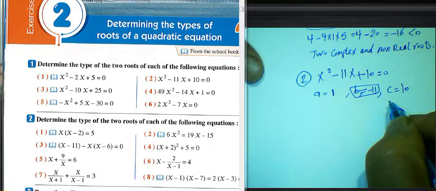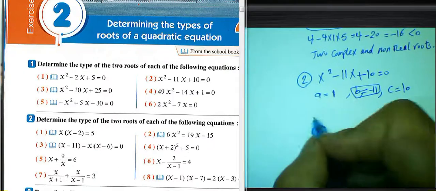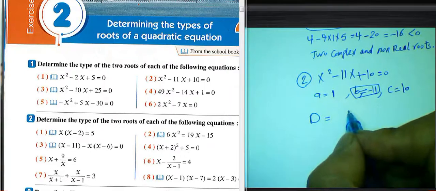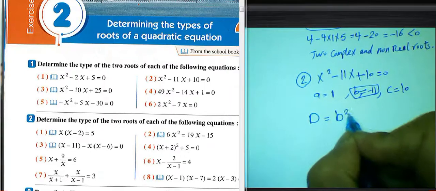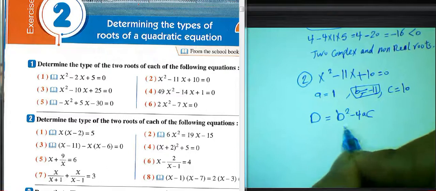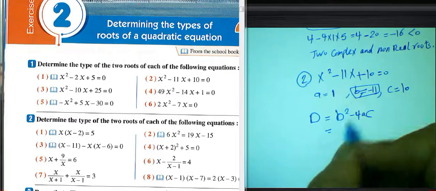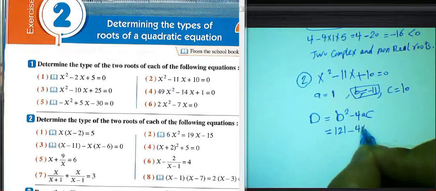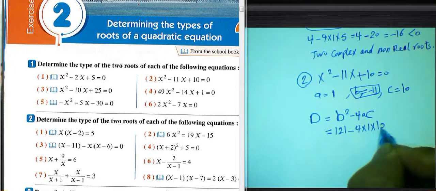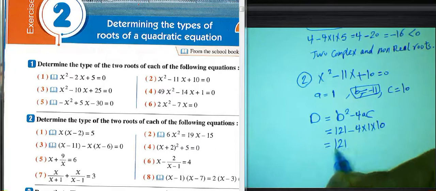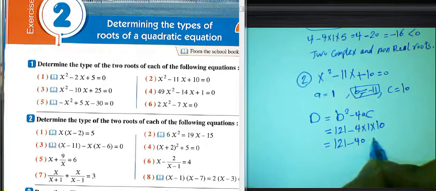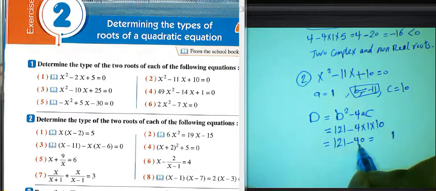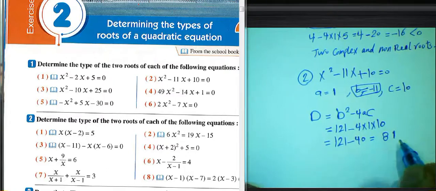The discriminant will be b power 2 subtract 4ac. b power 2 equals 121, subtract 4 multiply a multiply c. 121 subtract 40 equals 81.